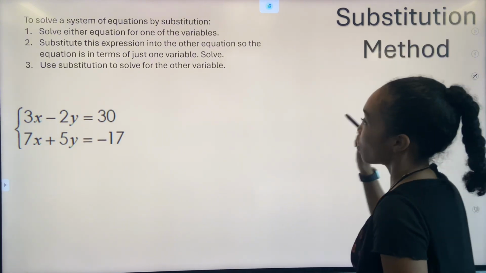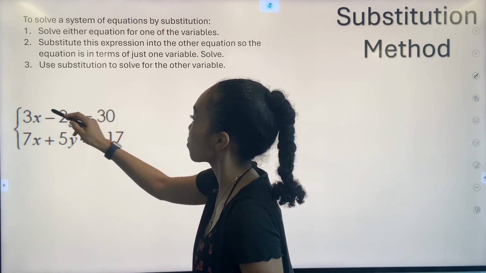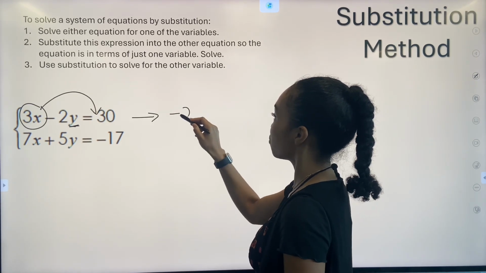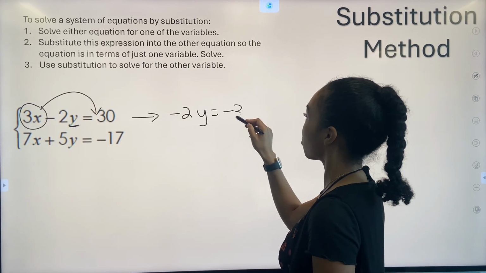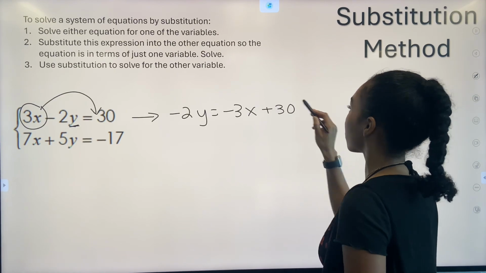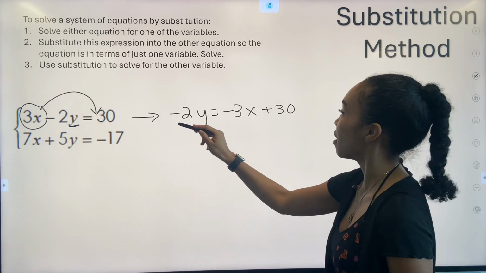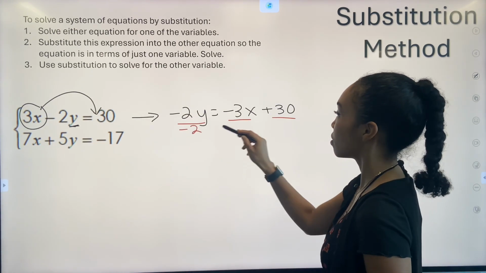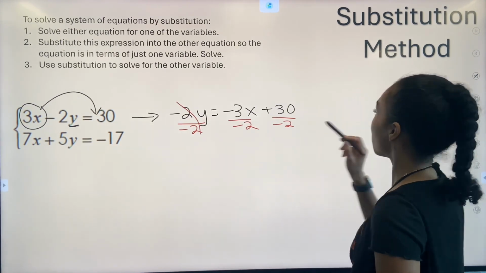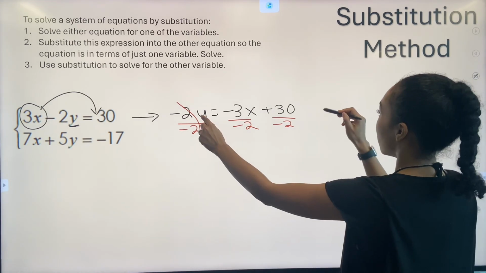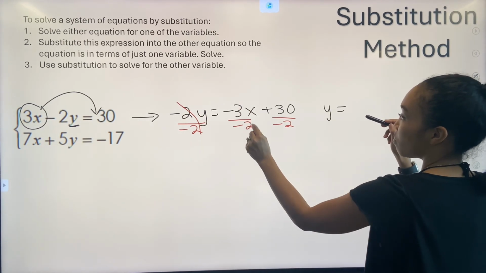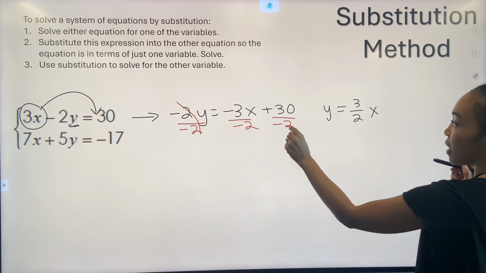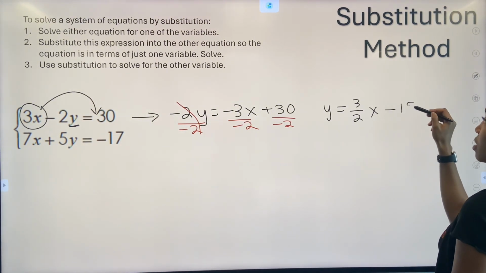I'm going to get the y by itself. So I'm going to move the 3x to the other side. So this becomes negative 2y equals negative 3x plus 30. Now I'm going to divide every single thing by this negative 2. So this becomes y equals, a negative over a negative will make this a positive 3/2 x. 15 divided by negative 2, this will become a minus 15.